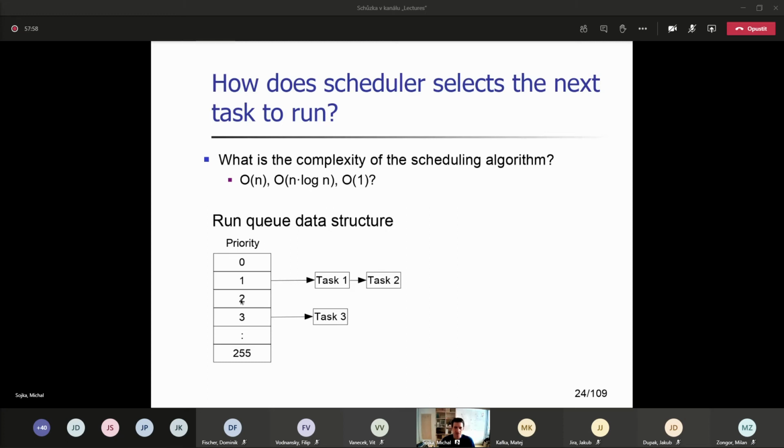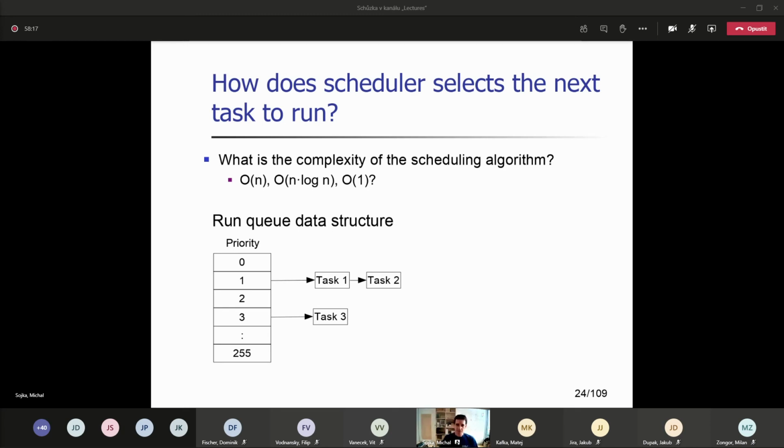So it's extremely fast. If everything is in cache, it basically means that in about 3 clock cycles, you know what is the highest priority task, and you can directly continue with switching to that task.